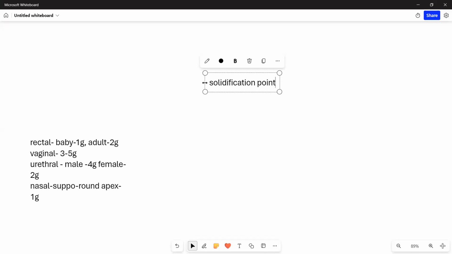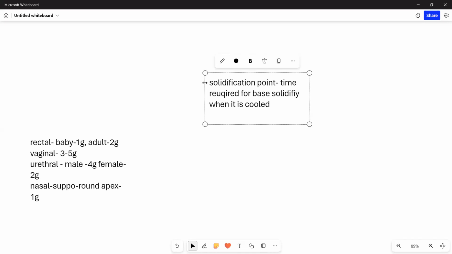I am asking about the solidification point of the suppository base. Time required for the base to solidify when it is cooled. Yeah, great.